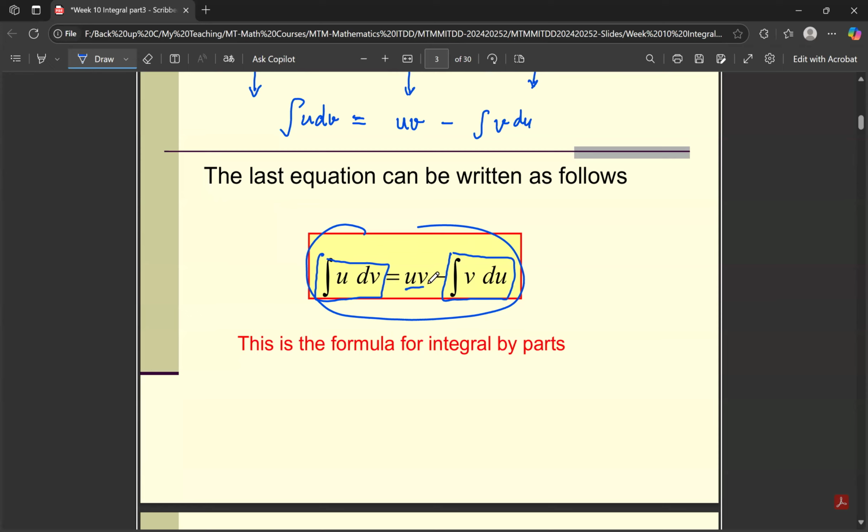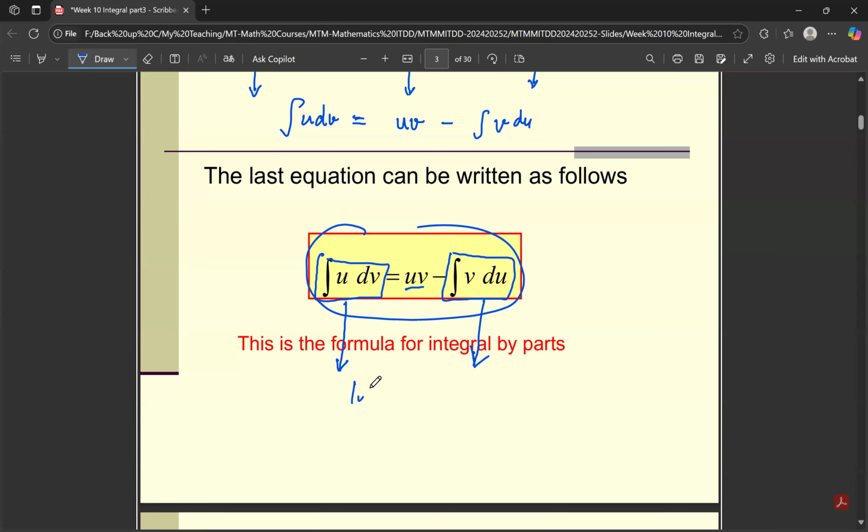So we are wondering why we still have an integral here on the right. But the answer is, by using the formula of integral by parts, we hope, and this is our goal, that the integral on the right is easier than the integral on the left.